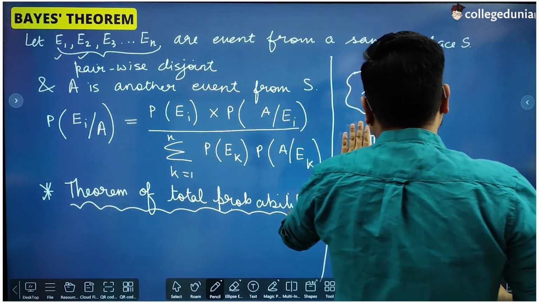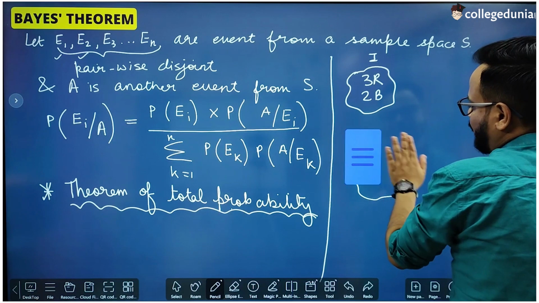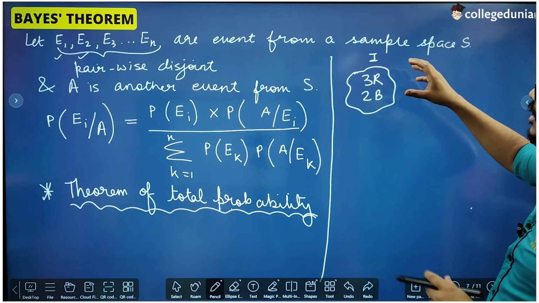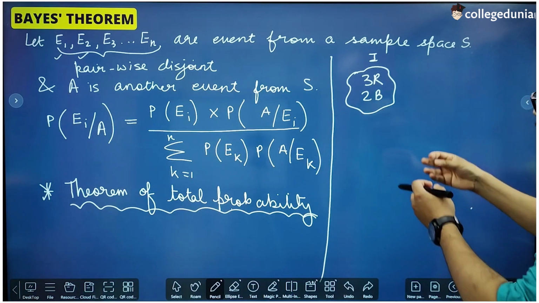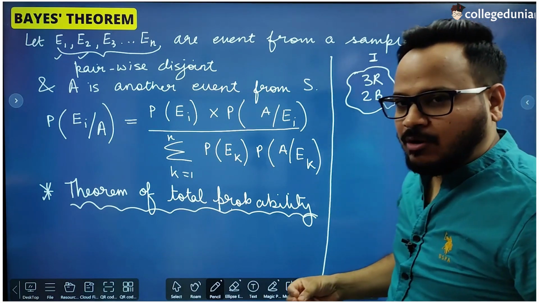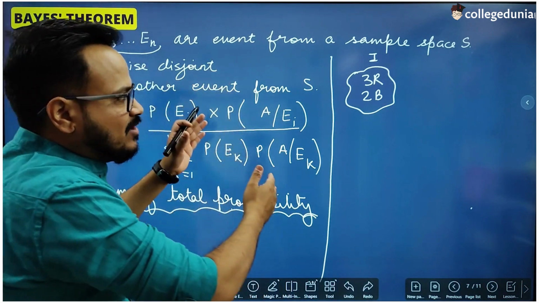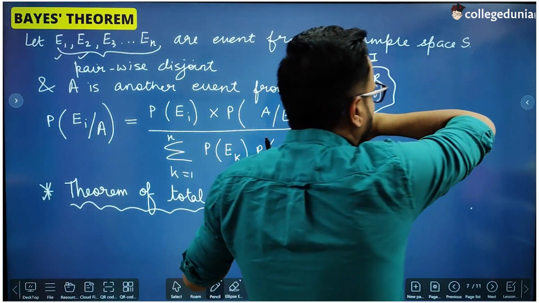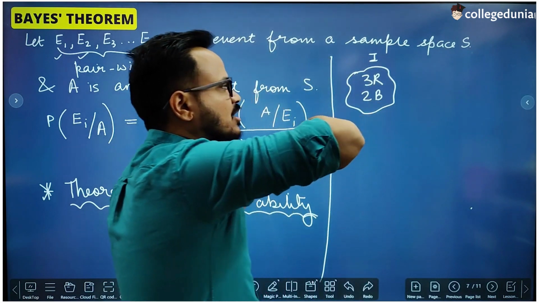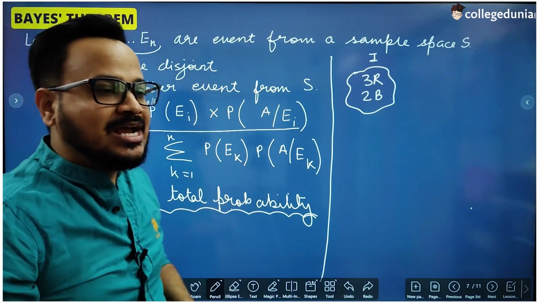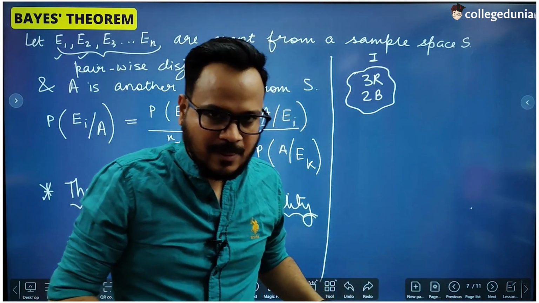There was only one bag given and it was said to find the probability of drawing a red ball from this bag or drawing a black ball from this bag, or in conditional probability it was given that the first event is drawing a red ball. So in the first event a red ball is drawn, then what is the probability of drawing the second ball as a black ball, right?